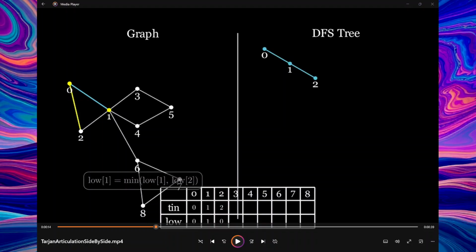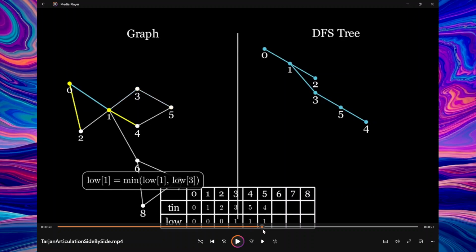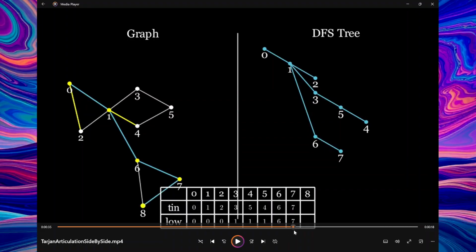If the back edge that we found to an ancestor in the tree is somewhere greater than the node itself, then that means there is an escape route. Let me explain. So look. I wonder if this actually doesn't illustrate that quite well.